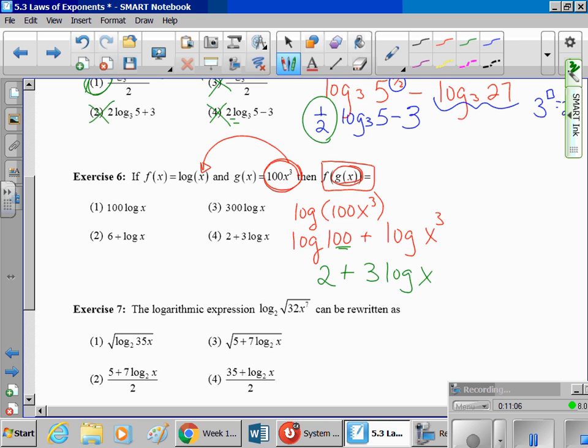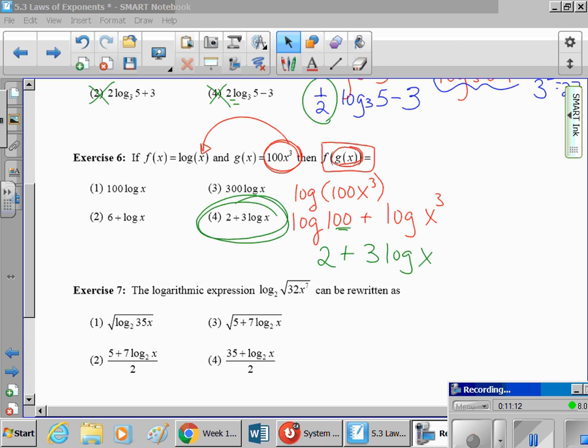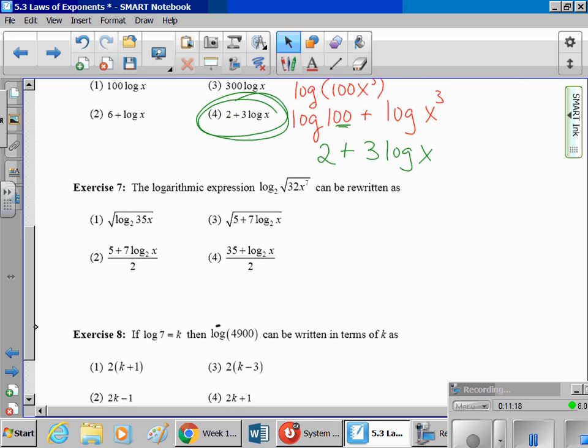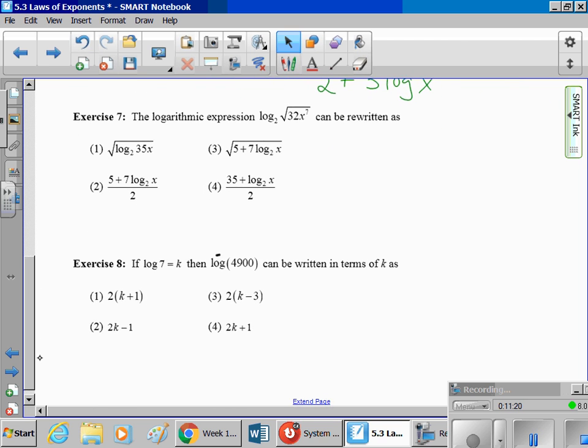So 2 plus 3 log of x, here's my answer right here. So hopefully this is getting a little bit easier for you as we do these different problems. So let's take a look at exercise 7.